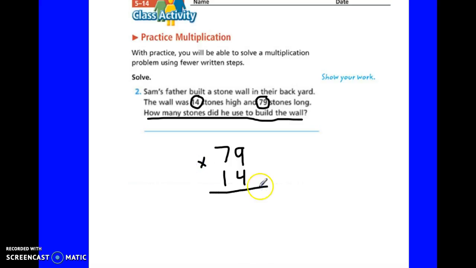All right, so I'm going to use my turtle head method here. I'm going to draw my turtle head. 9 times 4 gives me 36. So I'm going to put my 6 here, carry my 3. All right, 7 times 4 is 28, plus my 3, 29, 30, 31.